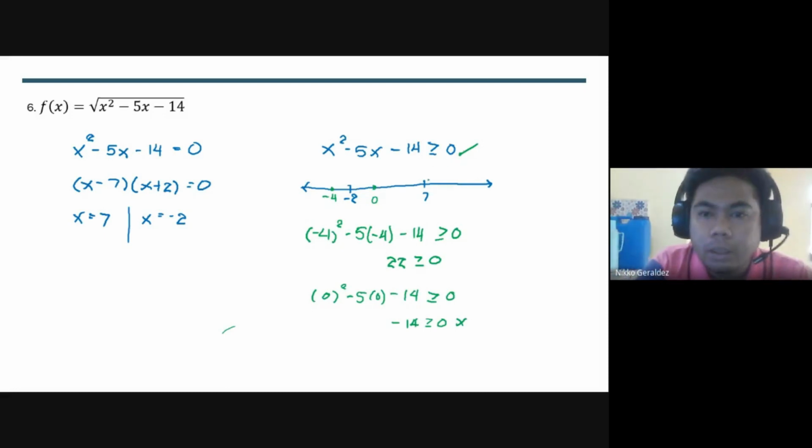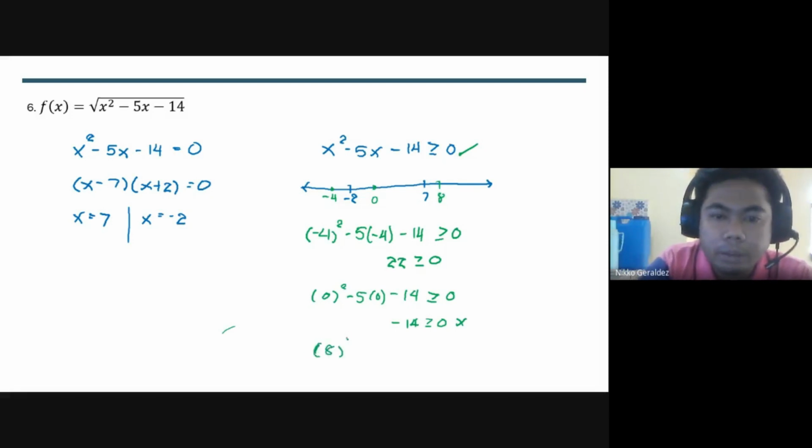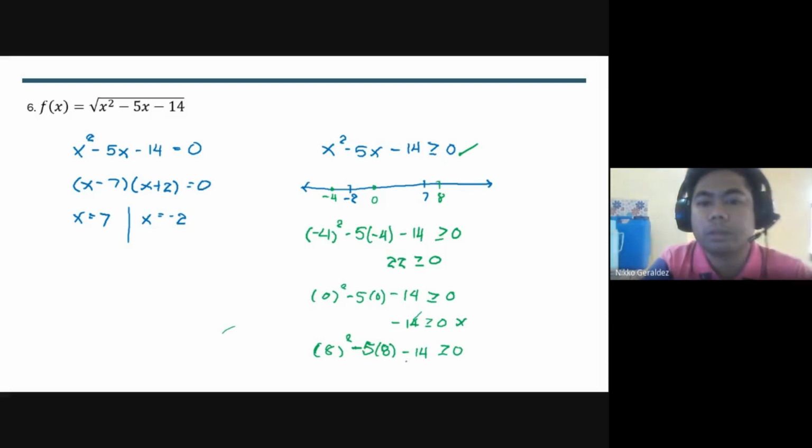Next, 7 to positive infinity. Let's say 8. So, 8 squared minus 5 times 8 minus 14 greater than or equal to 0.